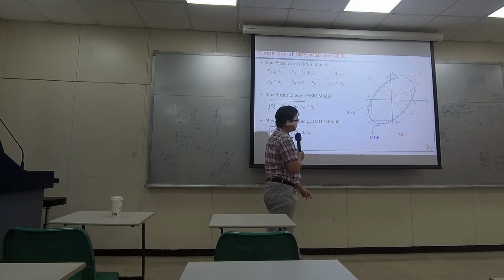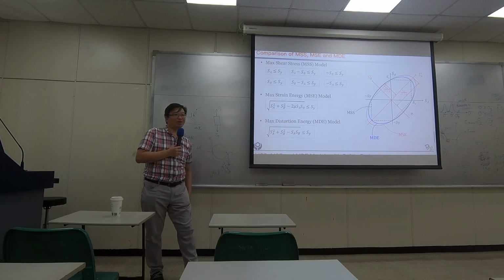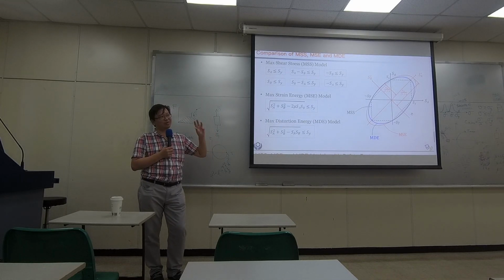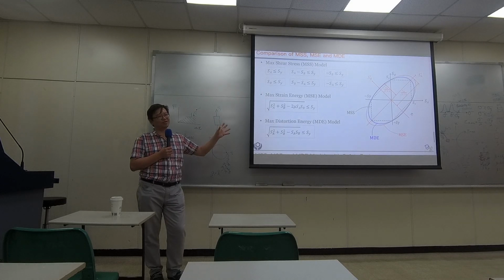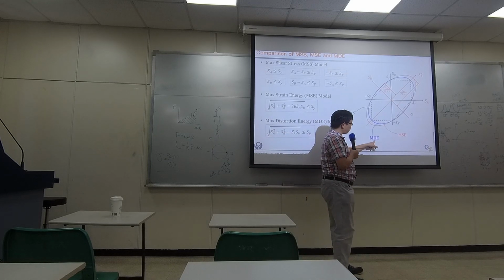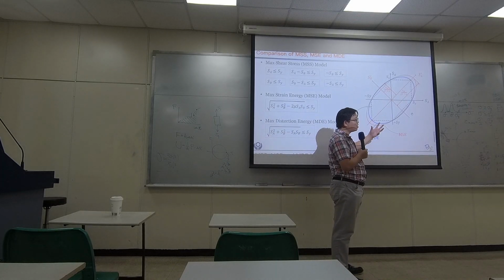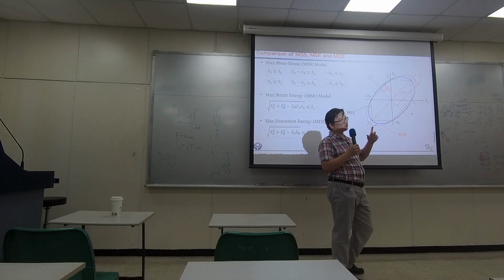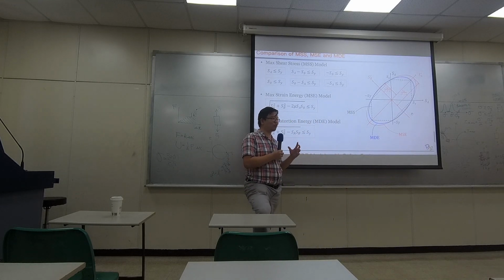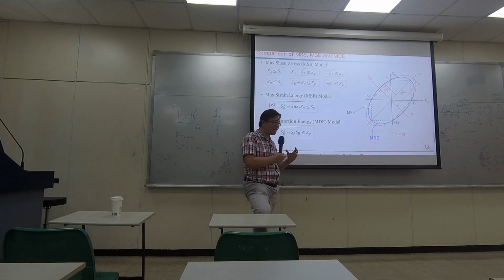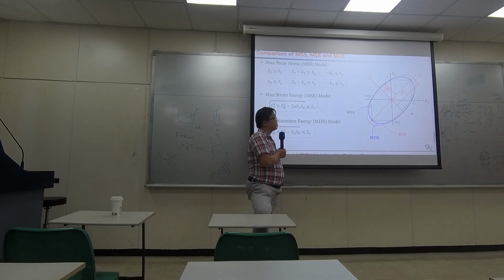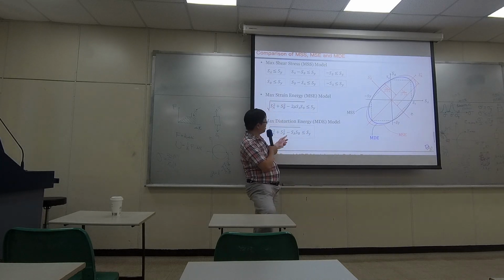Then you get the maximum distortion energy model. But the concept doesn't come from treating the material as an ideal material. The derivation of the maximum distortion energy model came from a new concept, so-called distortion energy, and studying how much distortion energy a material can take, then deriving an equation like this.